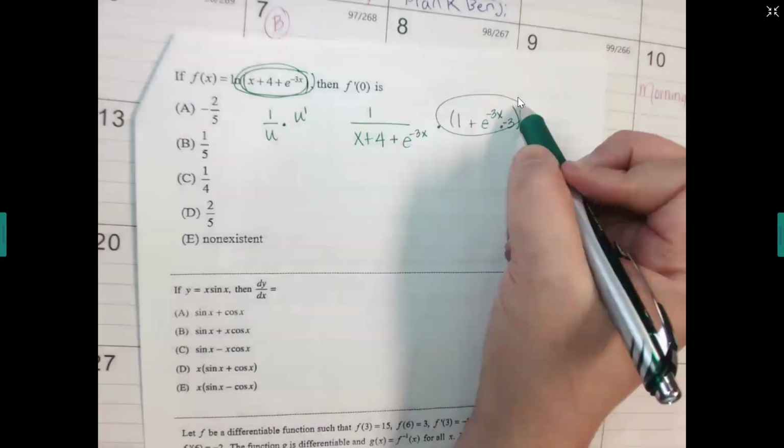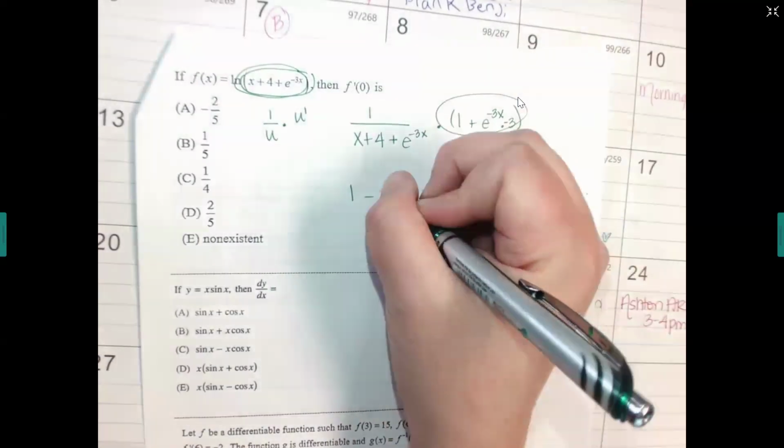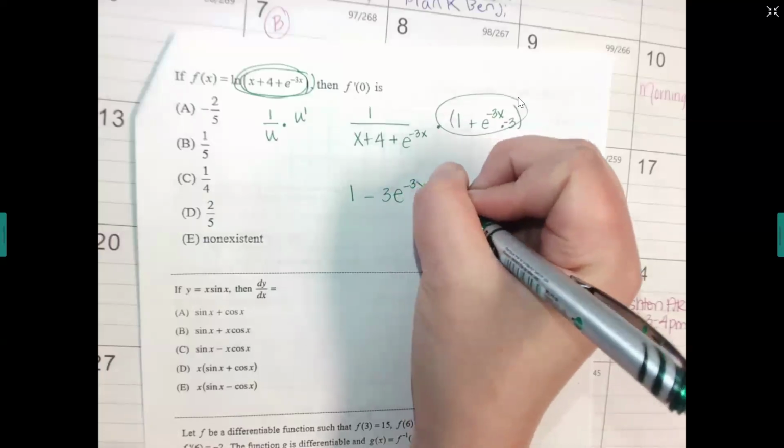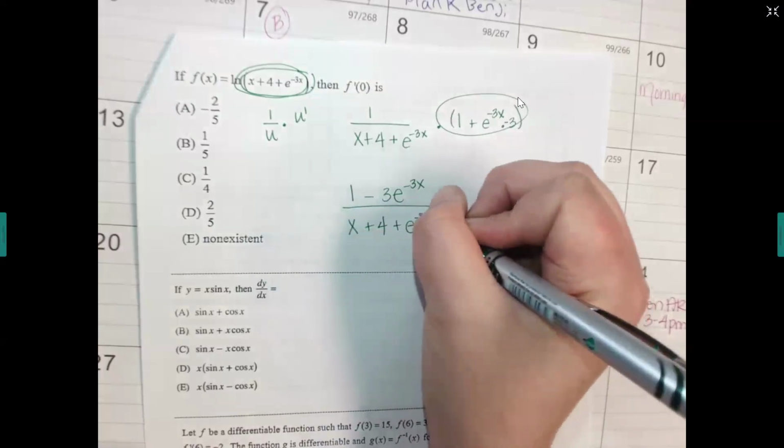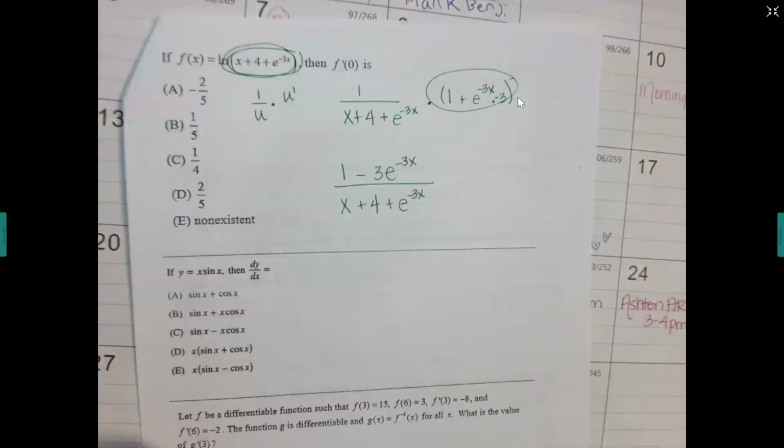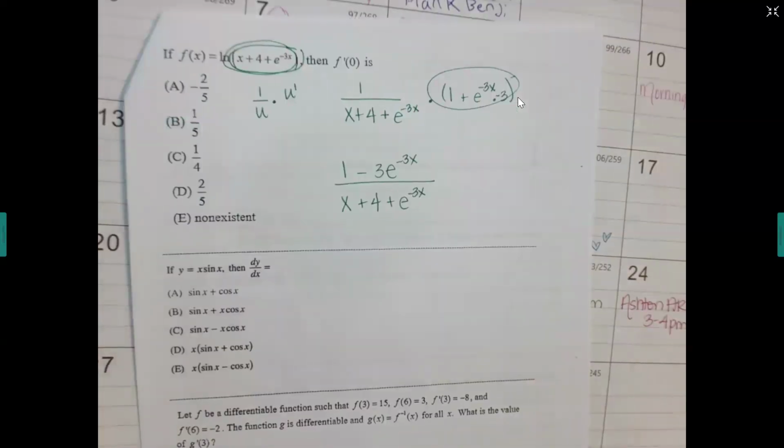So this times 1 is 1 minus 3e to the minus 3x, over x plus 4 plus e to the minus 3x on bottom. So it originally was a 1 plus, but since I had to multiply that with a minus 3, I'm just switching it to a minus 3.